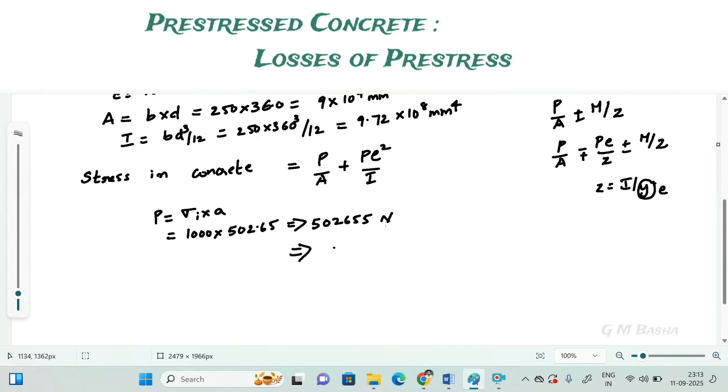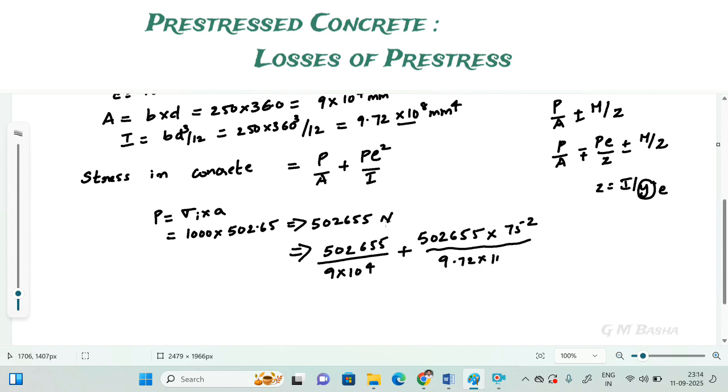Okay. Then after that, substitute in the formula. Stress in concrete: 502,655, and area will be 9 into 10 to the power of 4, plus 502,655 with eccentricity 75 square, and moment of inertia BD cube by 12 will be equal to this value 9.72 into 10 to the power of 8.